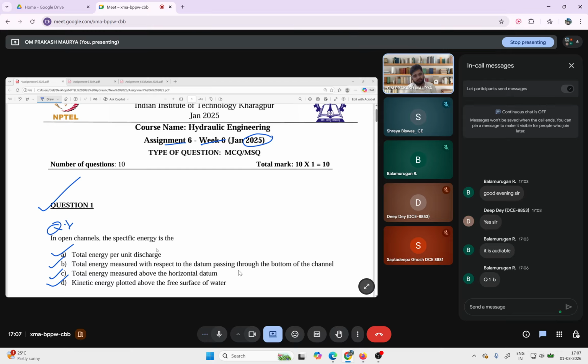Very easy question. Okay, Deep is also telling option B. Nice. Yes, your option B is correct here.